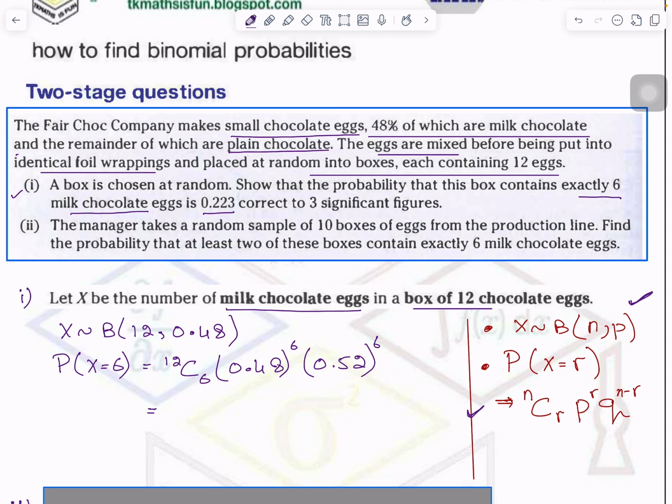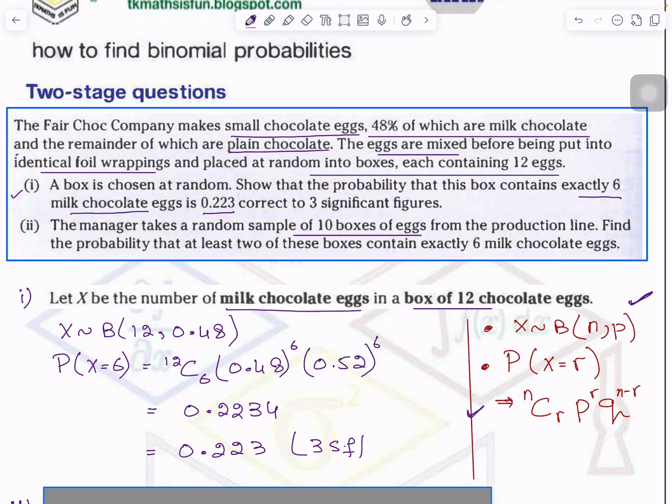Now let me check in the calculator. So it is 0.2234, because we give the final answer in 3 significant figures. So I will write 0.223, right?